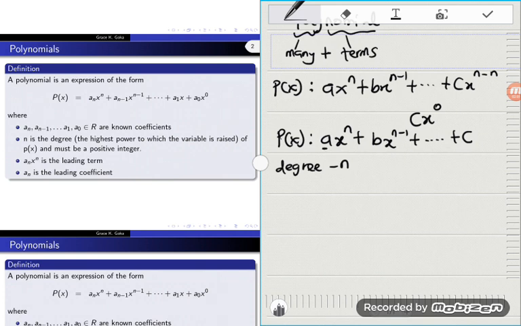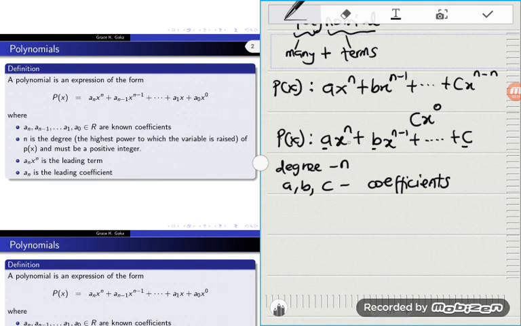Now, the numbers a, b, and c are known numbers. So it could be 100, it could be 1,000, it could be a negative number, any known number. And these are known as the coefficients of the polynomial.